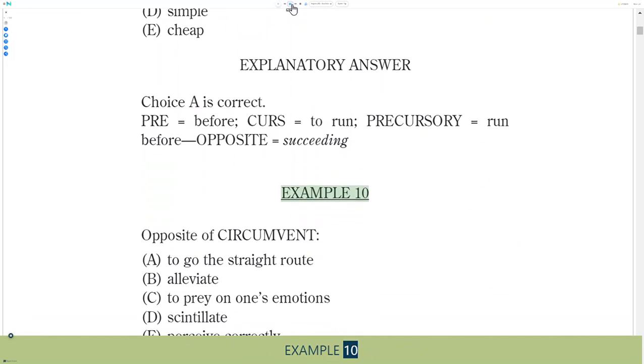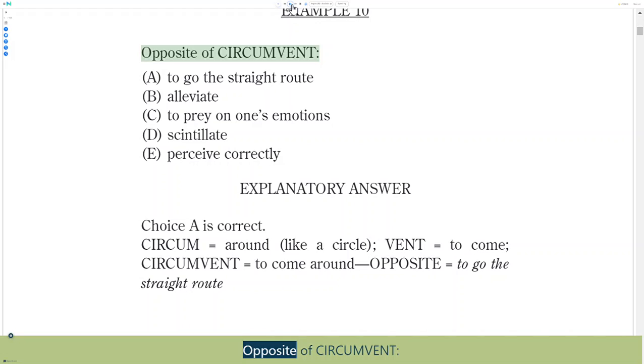Example 10. Opposite of circumvent. A. To go the straight route. B. Alleviate. C. To prey on one's emotions. D. Scintillate.